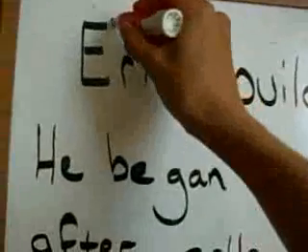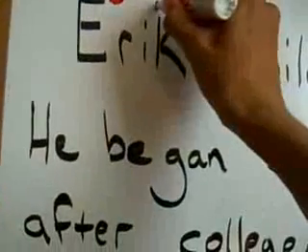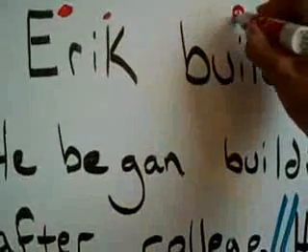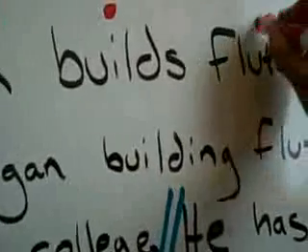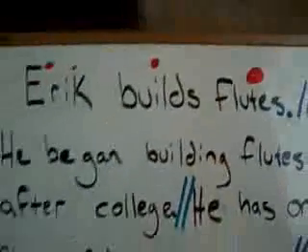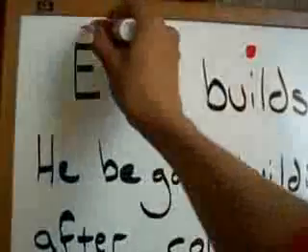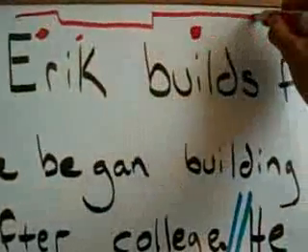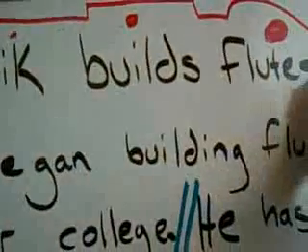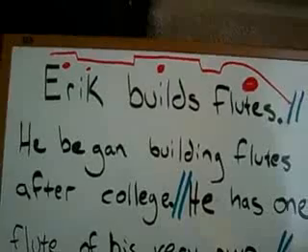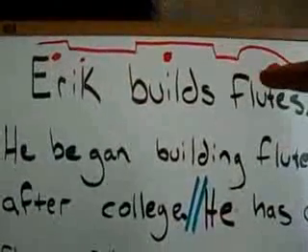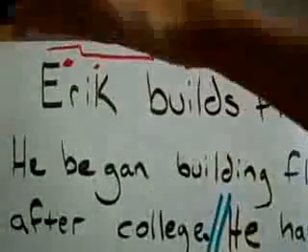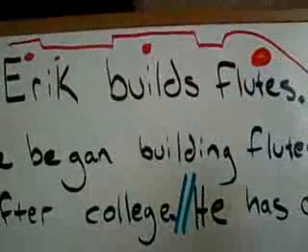Eric stresses on the first syllable, builds is one syllable, and flutes receives our main stress. Eric builds flutes. Okay. So there is still a change of pitch because there is word stress, but the overall pattern is falling intonation.